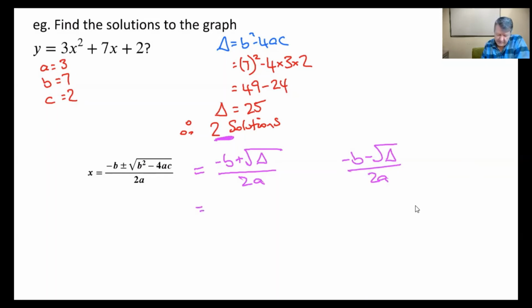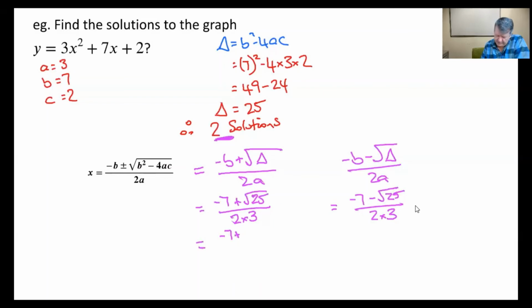We've got negative b, so that's negative 7, I got it right this time, plus the square root of delta, worked out to be 25, over 2 times our a value, which is 3. Okay, this one is negative 7 minus root 25, so it's exactly the same, just with a minus in it, over 2 times 3.